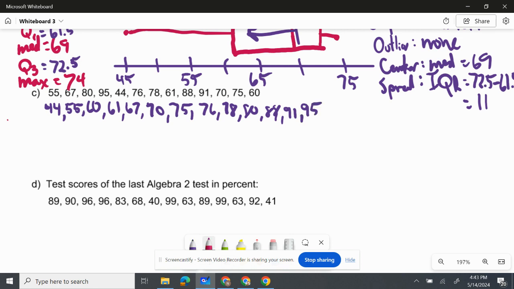We're going to find our minimum, Q1, median, Q3, and our maximum. Minimum is 44, maximum is 95.